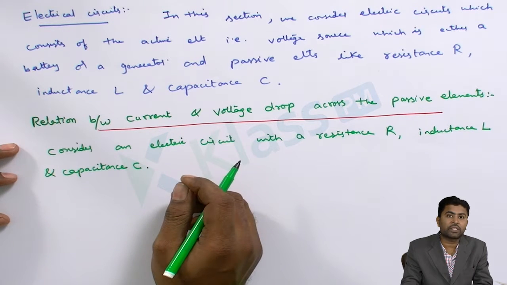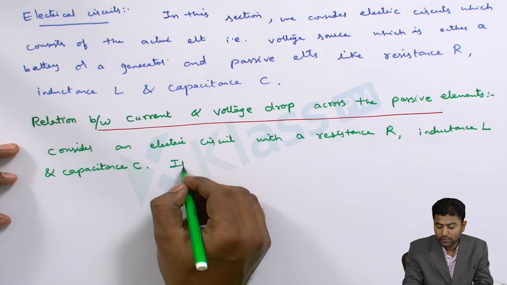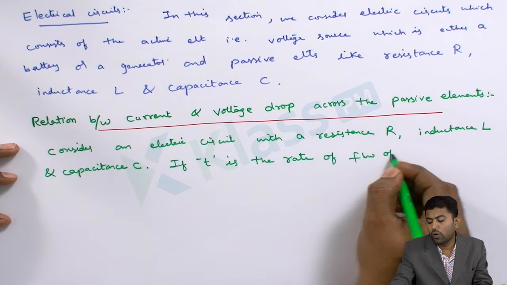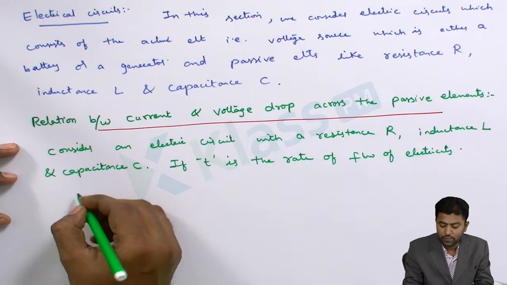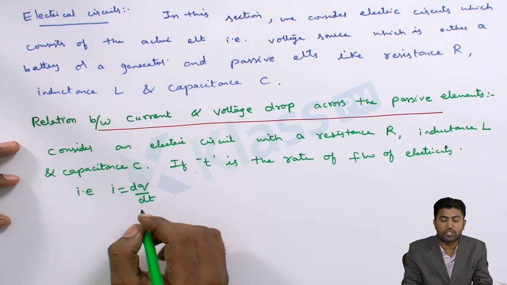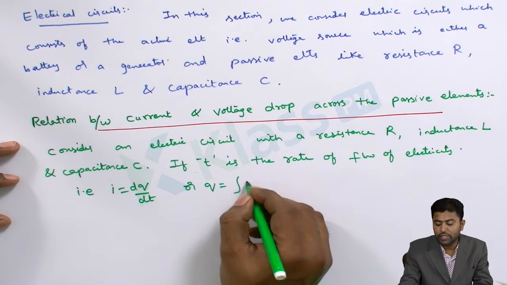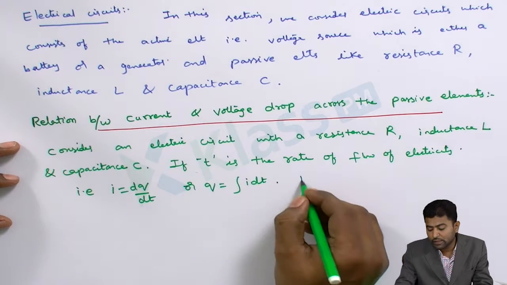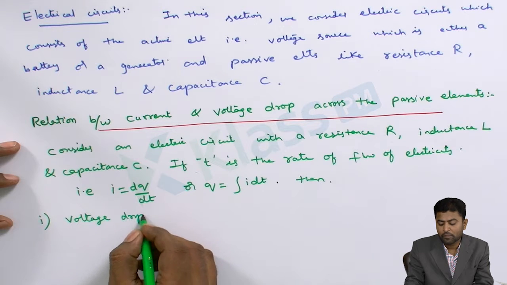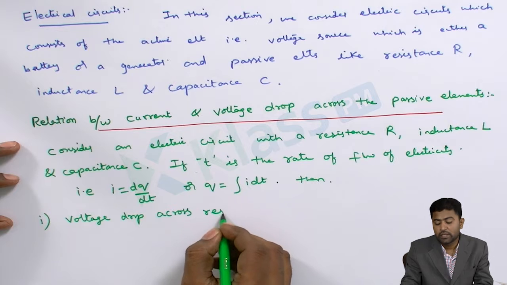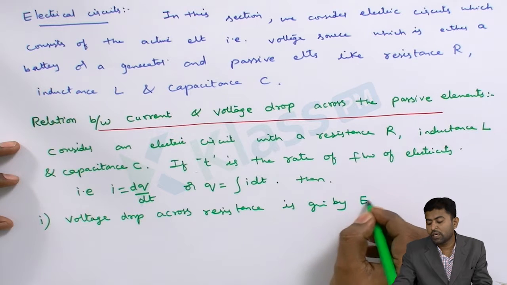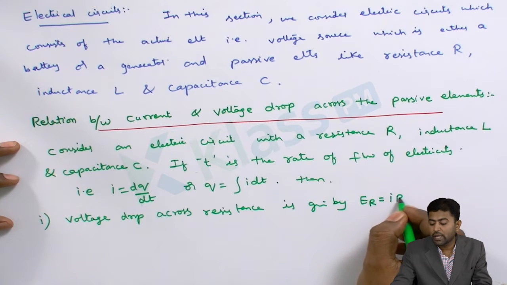If I is the rate of flow of electricity, that is I is equal to dq by dt, where q is the charge, or q is equal to integration of I dt, then the voltage drop across resistance is given by E_R is equal to IR.